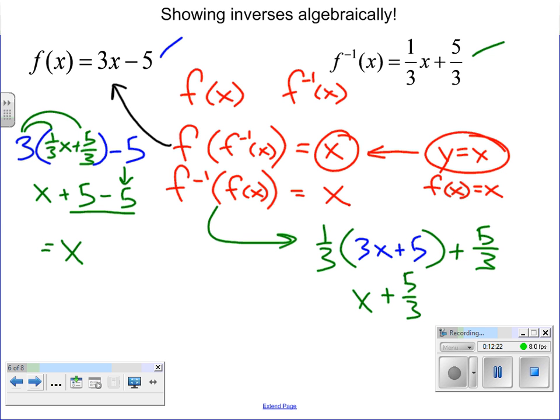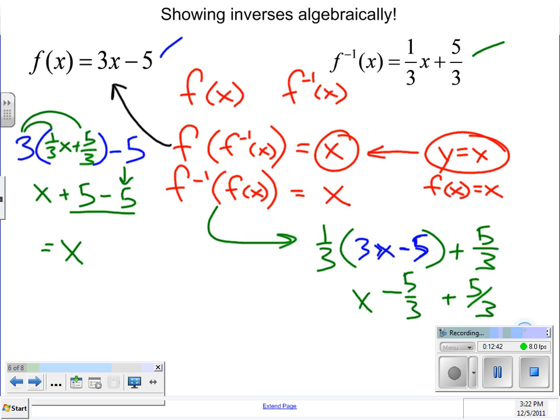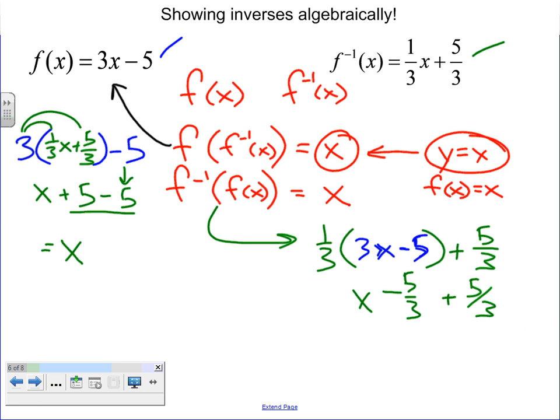Okay. And what am I missing here? Oh, this should be a minus 5. Oh, I wrote it down wrong, so let's make that correction. Sorry about that. Okay. So then we have minus 5/3 here, and then plus 5/3 on the outside. So notice, let's just eliminate that, and those two cancel each other out, and we're left with x.